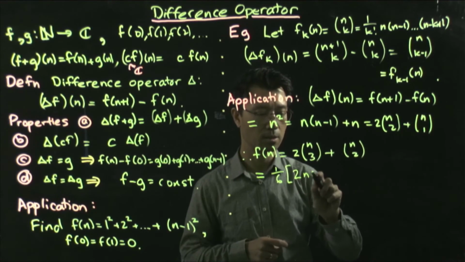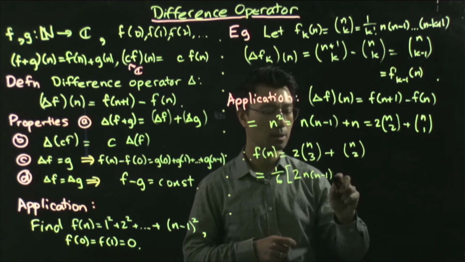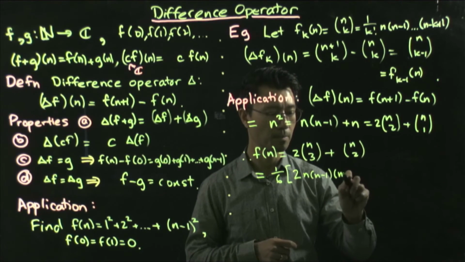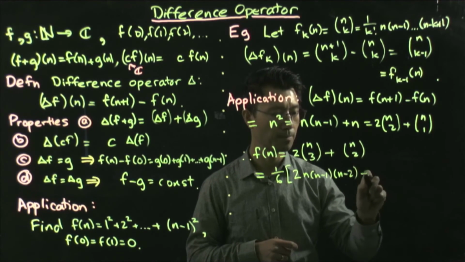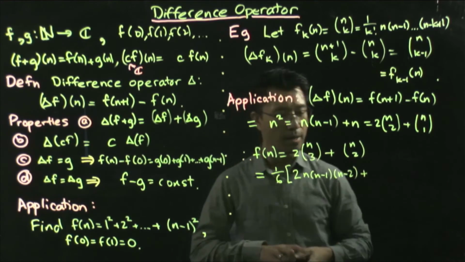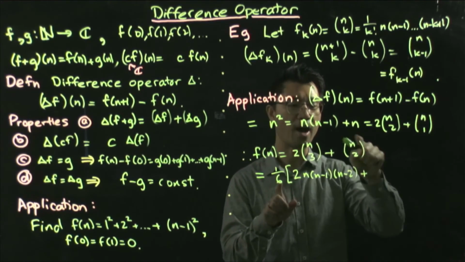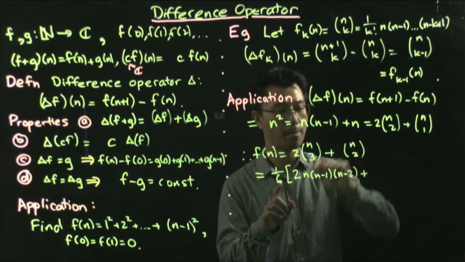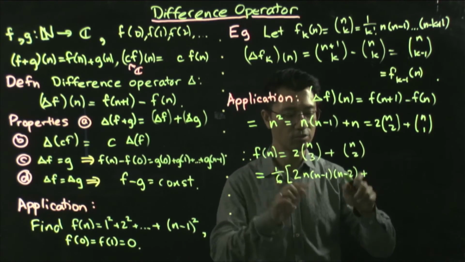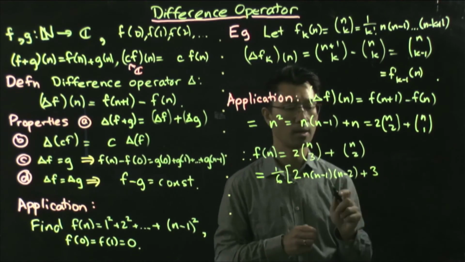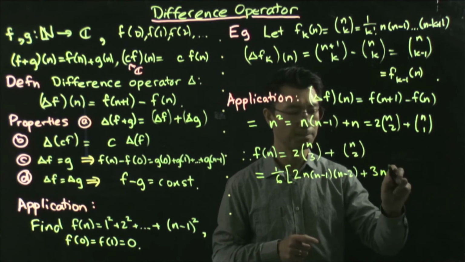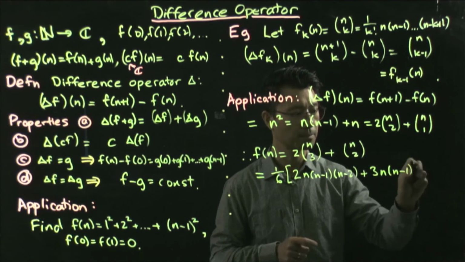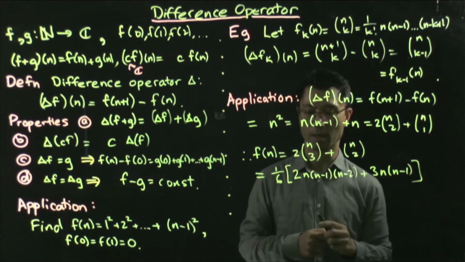And then we should have a half here times n minus 1. So the half is 3 over 6, the 3 here, and then there's the n times n minus 1. Okay, that's what we have.